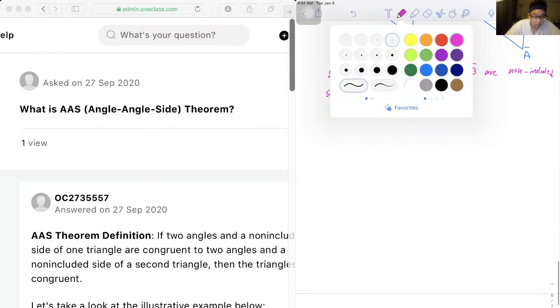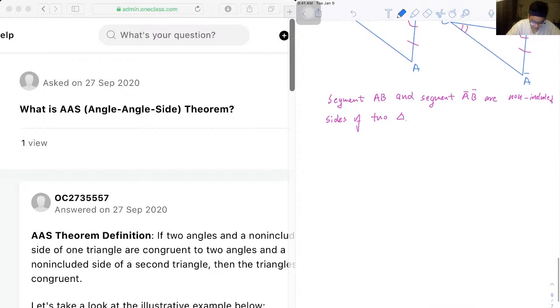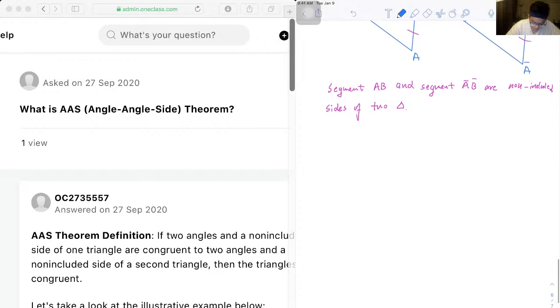So we have the following conditions, which are angle ABC and angle A bar B bar C bar are congruent.